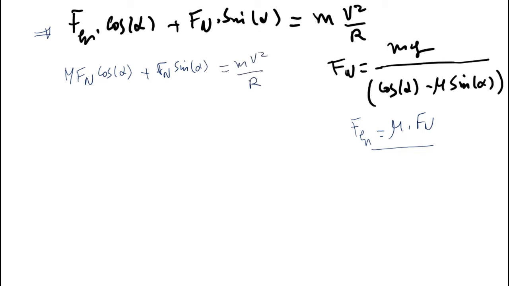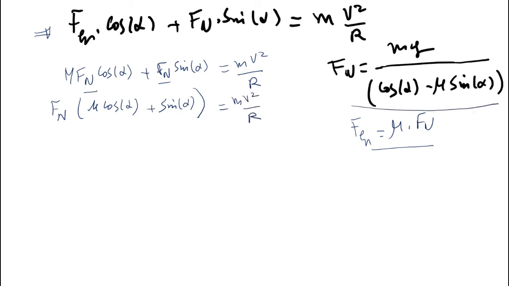Now I can put the normal force outside, as normal force times mu cosine of alpha plus sine of alpha, equals mv squared over r.